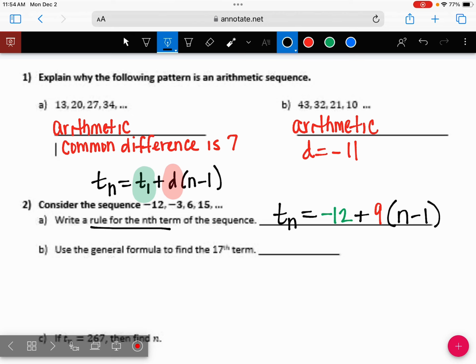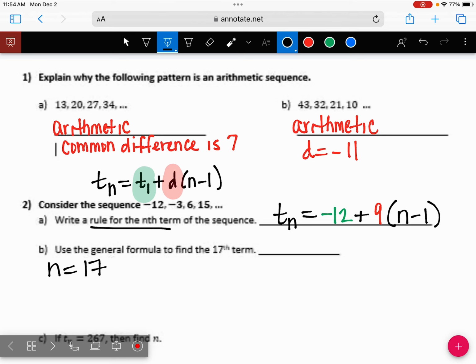Now, once you have a rule, because if we look at this sequence, they gave us the first 4 numbers. If I want to figure out what the 17th number would be, I don't need to keep adding 9. If I'm trying to find the 17th number, I'm just going to substitute in a 17 for n.